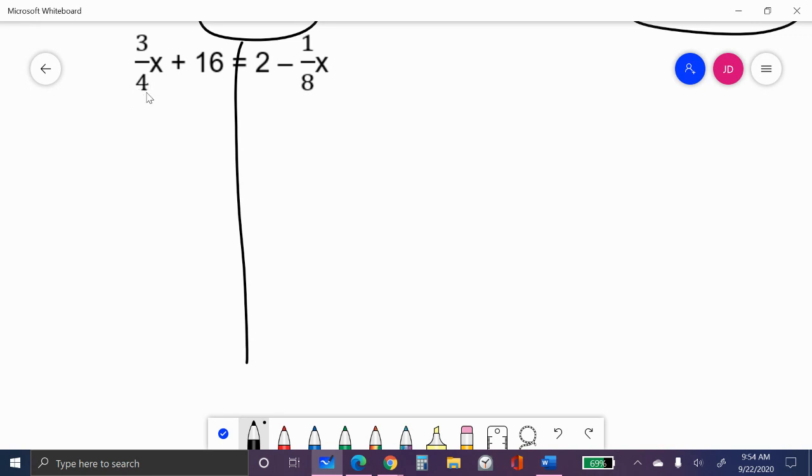It goes into it twice, right? So I'm going to multiply this by 2. So 3/4, right? When I multiply the top and the bottom by 2, that's equal to 6/8. So over here, I'm going to write 6/8 instead.